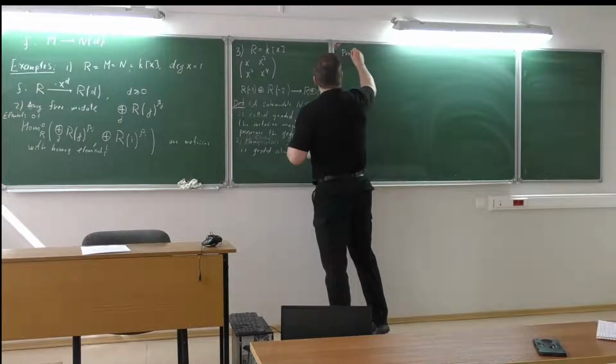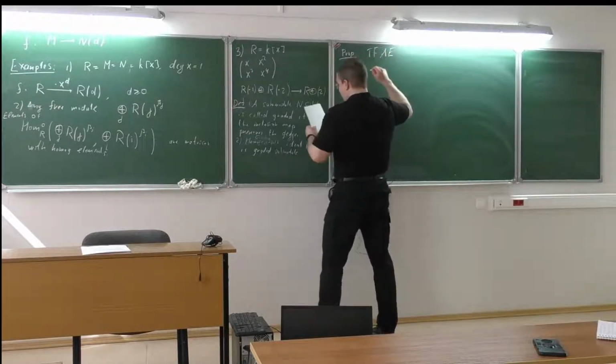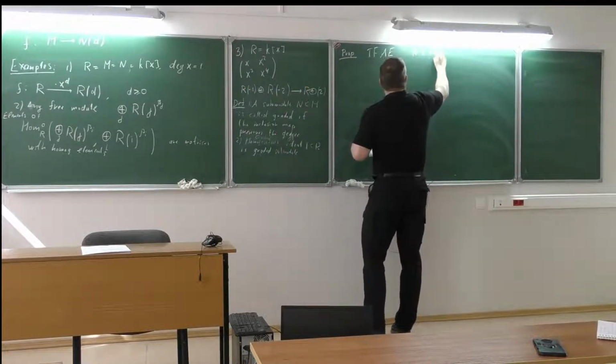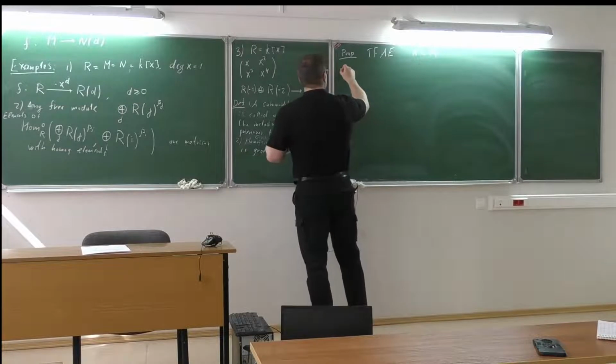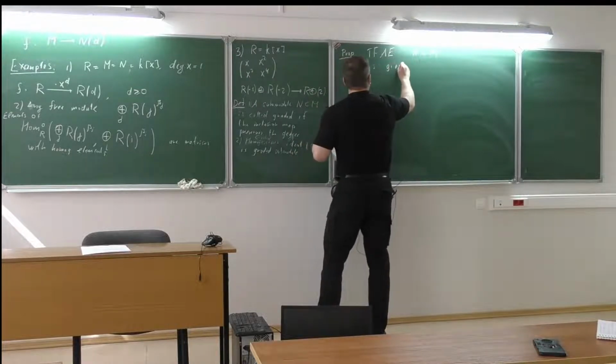Proposition: the following are equivalent. This is what I want to postpone to the seminars. So I have a submodule, and the following conditions for the submodule are equivalent. First condition: N is a graded submodule.